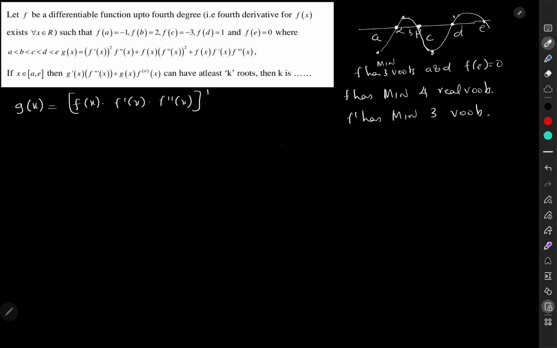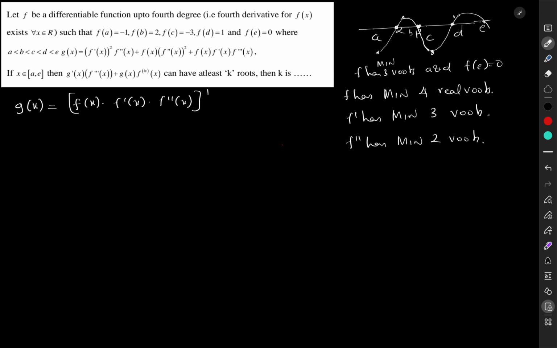So f dash x will have minimum 3 roots between a and e, because f has minimum 4 roots, and between any 2 roots there will be at least 1 root for f dash x for a differentiable function. Okay, so that's using Rolle's theorem we got. Similarly, f double dash will have minimum 2 roots. Okay, so that we understood, and these roots are different roots also.